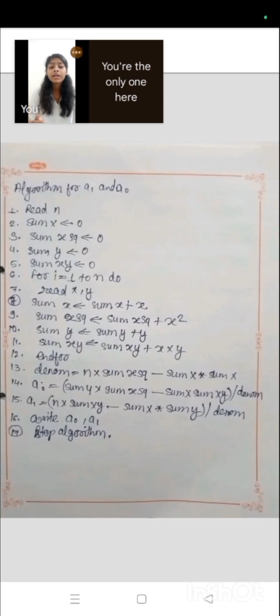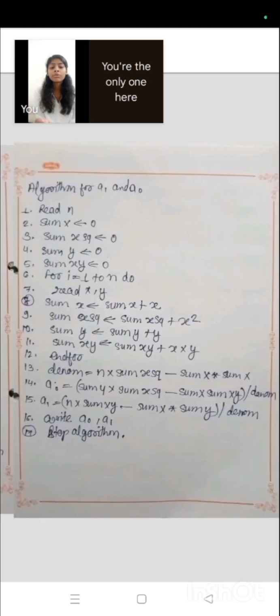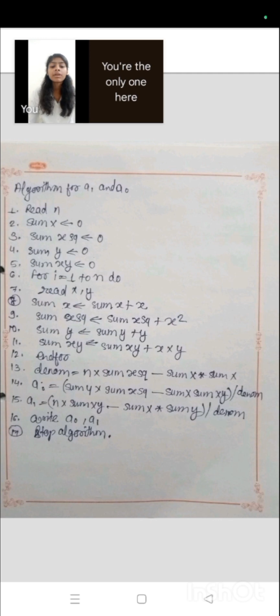Okay, so here we write sum x into summation of x and y, and here we write upon this denominator. So we put the denominator upon this term.